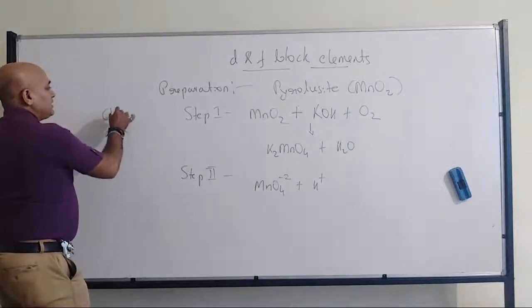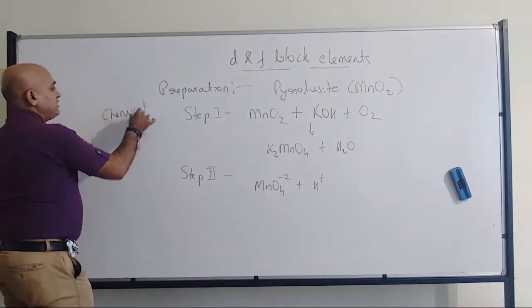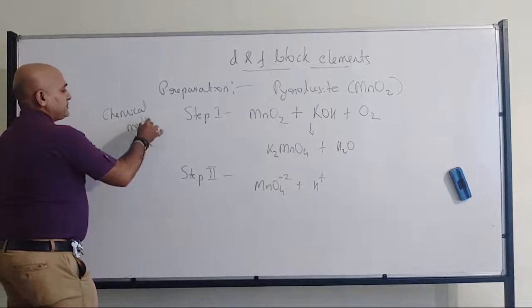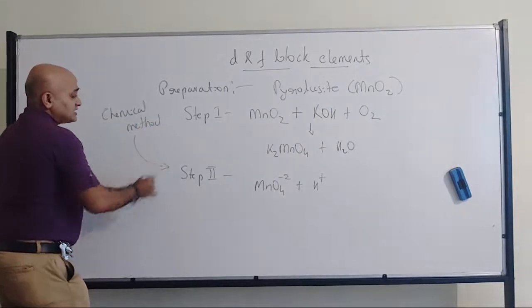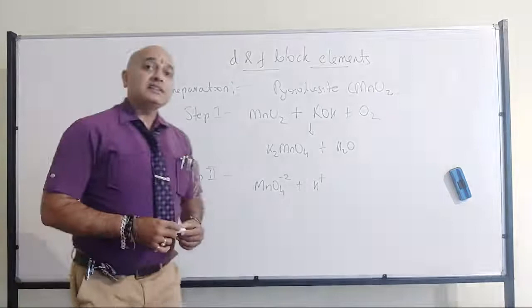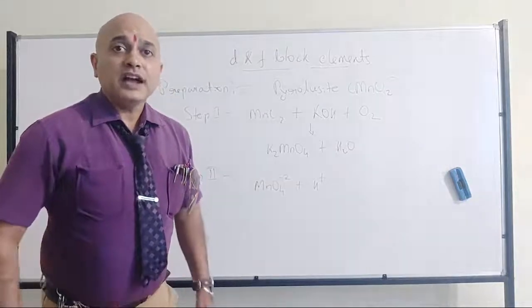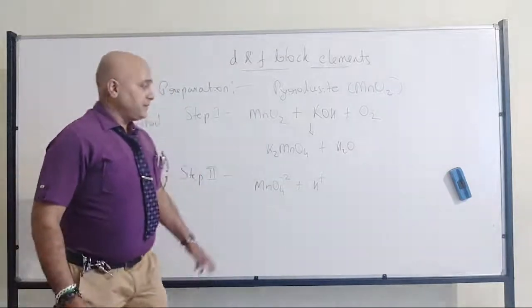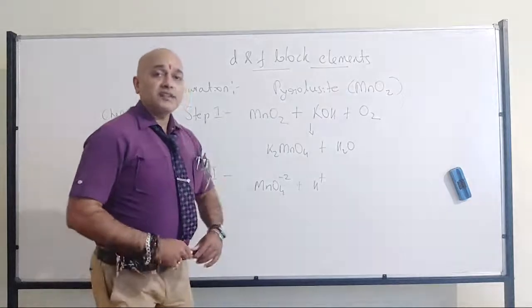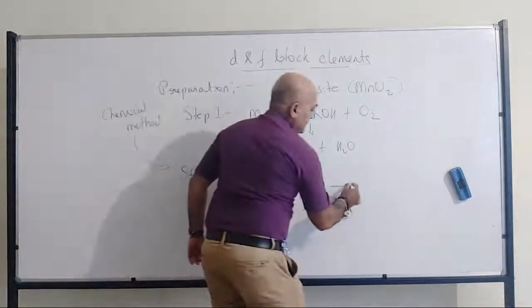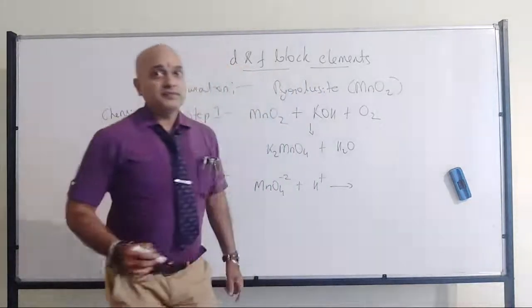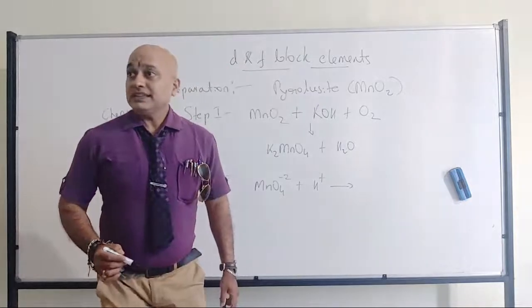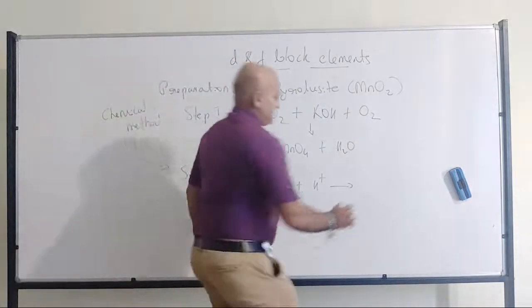Whatever I am talking about is related to the chemical method, especially step 2. We have another method also, which I told you we are going to discuss today. So now in the presence of H plus, it will get converted into the final product, that is permanganate, right?